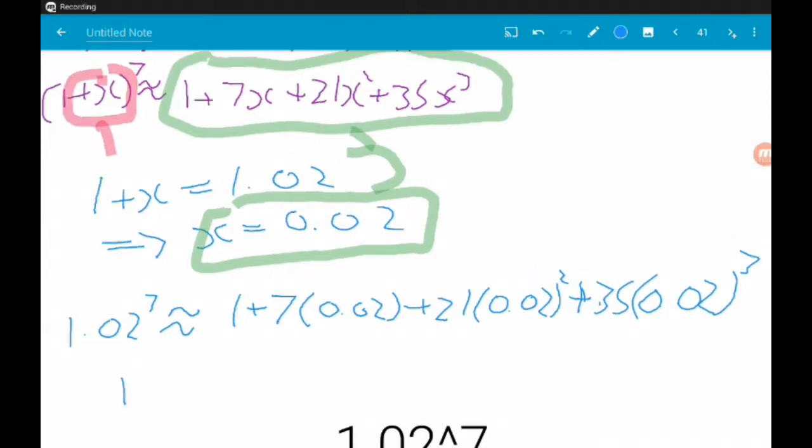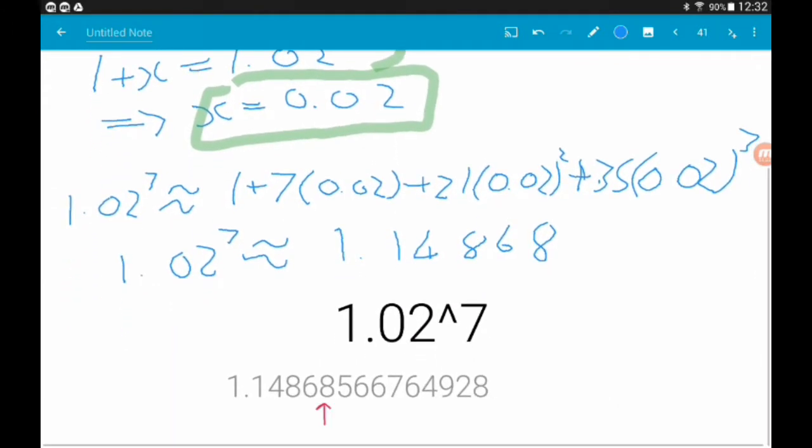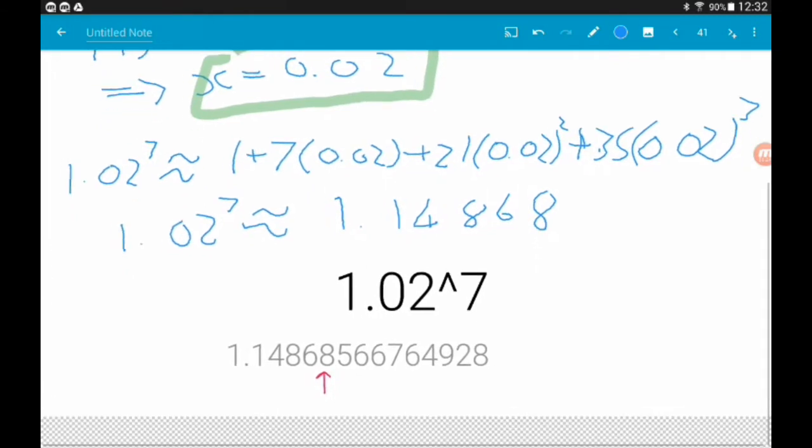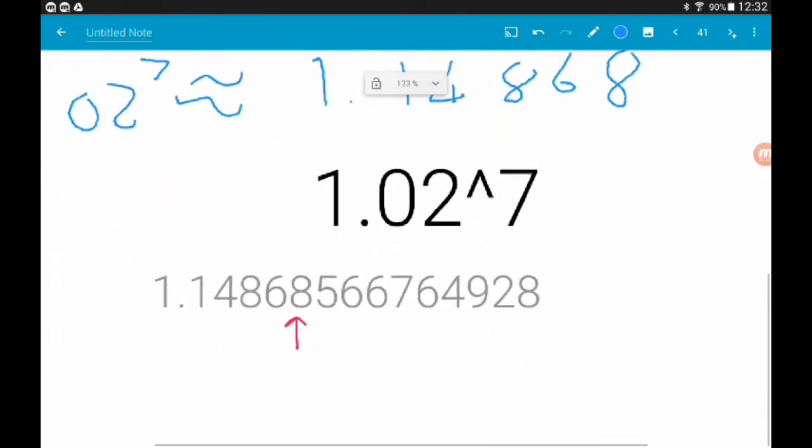So if we now use a calculator to work that out, we will get that 1.02 to the power of 7 is approximately equal to 1.14868. Now if we compare that to a calculator answer, we can see it's pretty much accurate, at least to 4 decimal places.